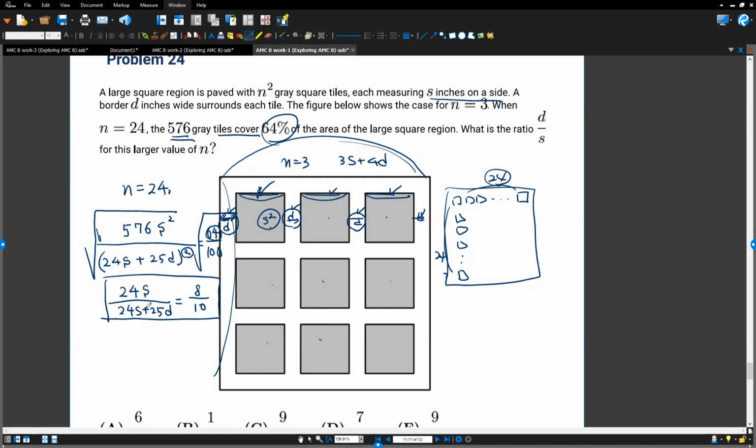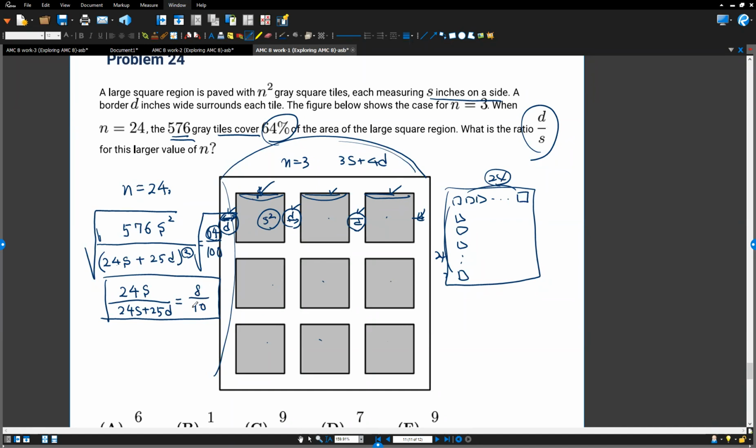But still we have two variables, but they're asking you to find the ratio. It doesn't matter. Two variables in one equation is okay, because we find only the ratio. So you have to express S in terms of D or D in terms of S. So this is 4 over 5.